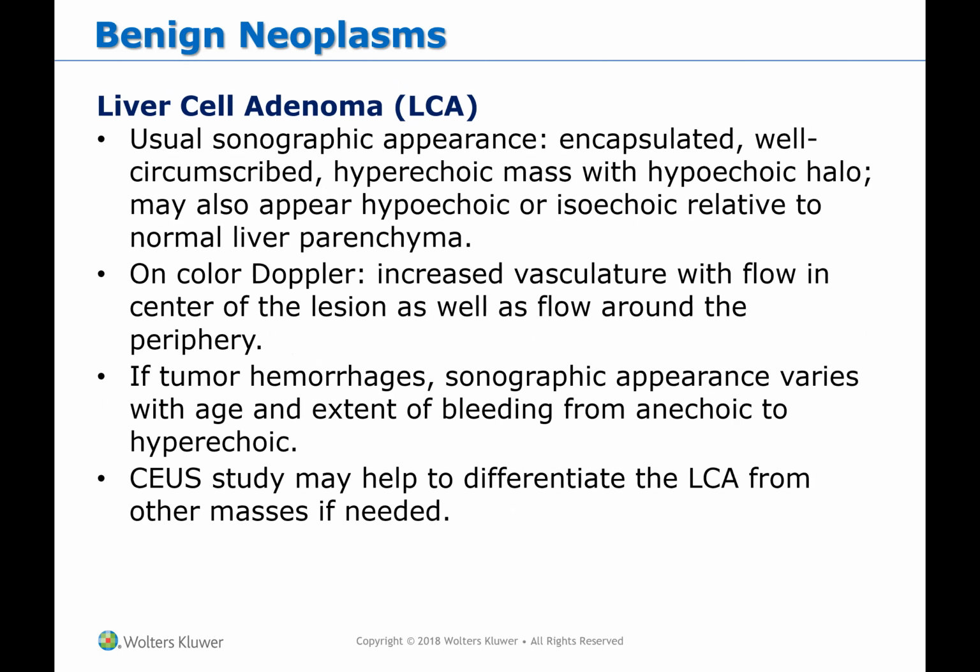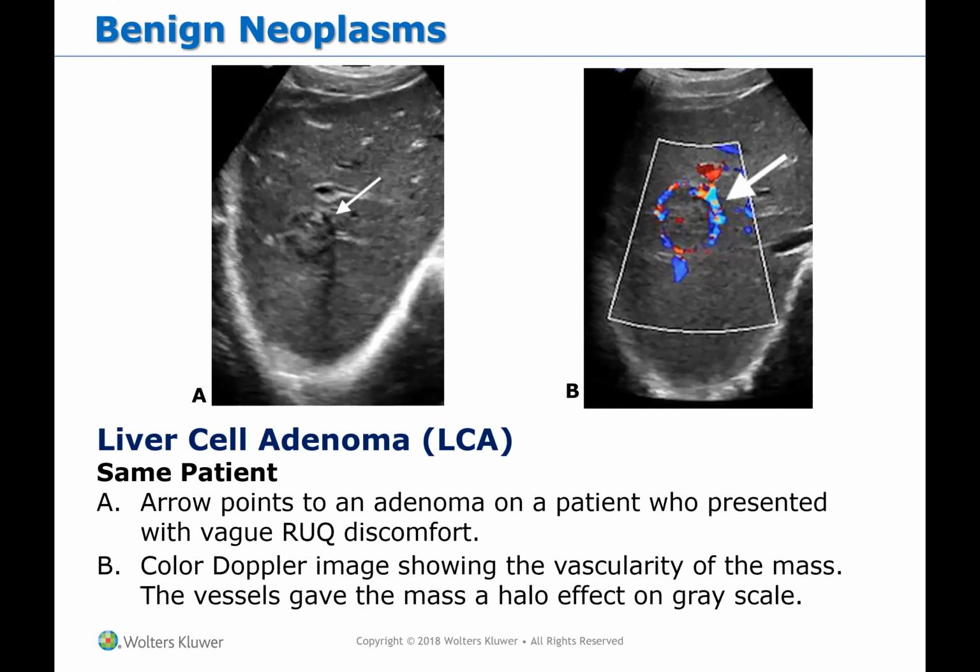The usual sonographic appearance is an encapsulated, well circumscribed, hyperechoic mass with a hypoechoic halo. Look how pretty this looks. You can see it here, but look how pretty it looks when you put vascular flow on it. It's called the halo effect.